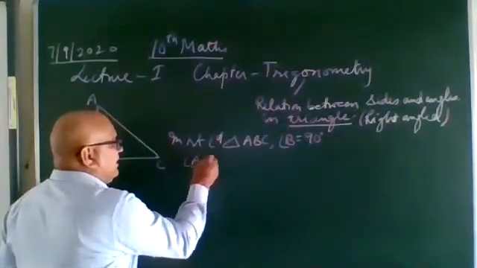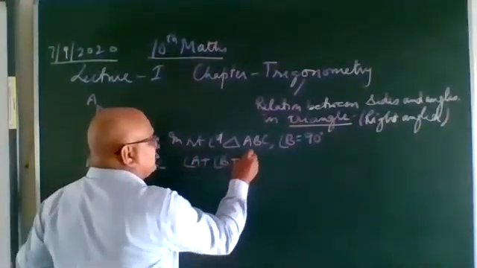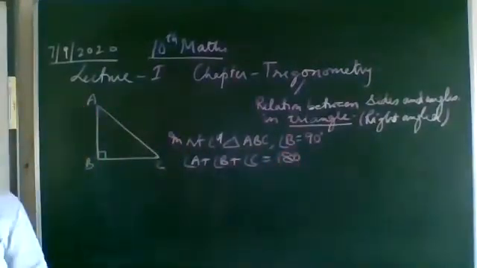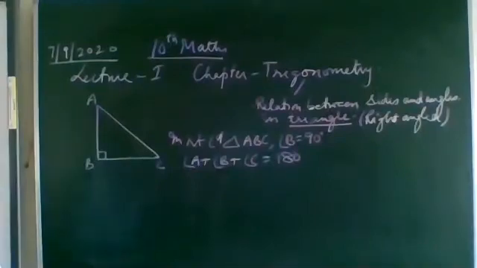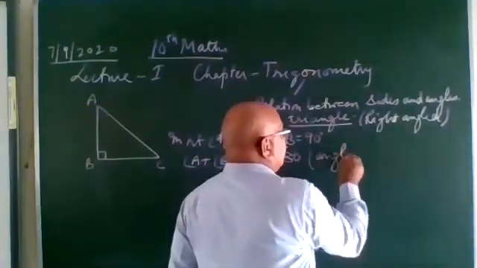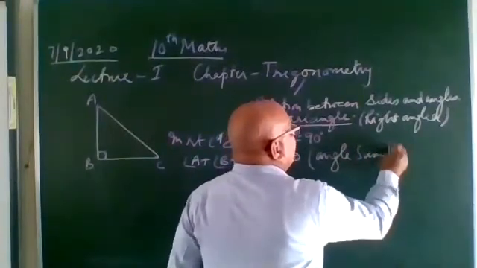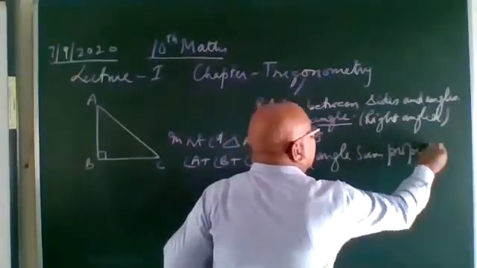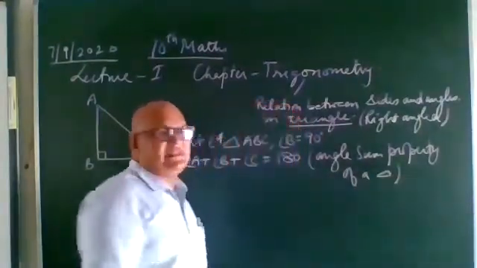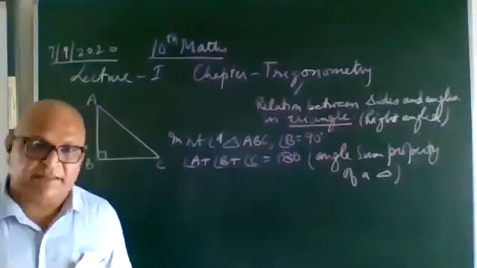So what will you say? A plus B plus C equal to 180 degree, and this is the angle sum property of a triangle.